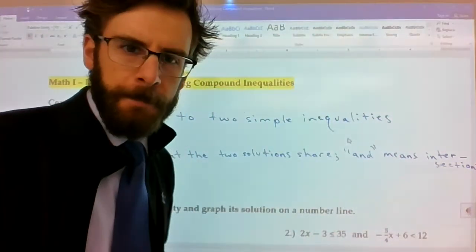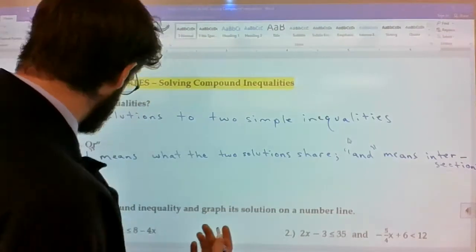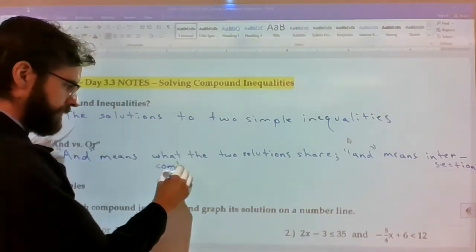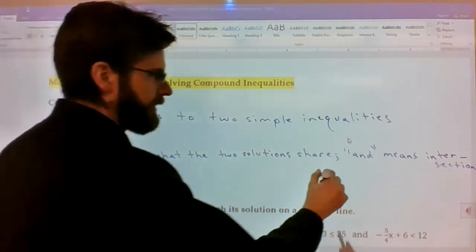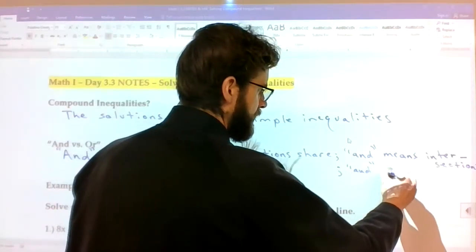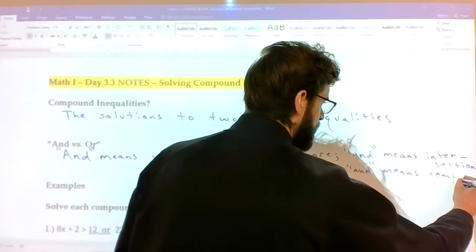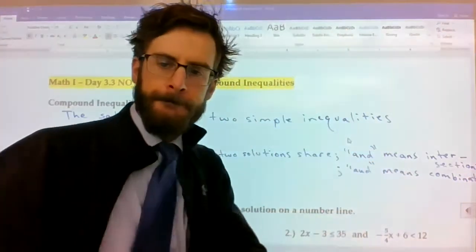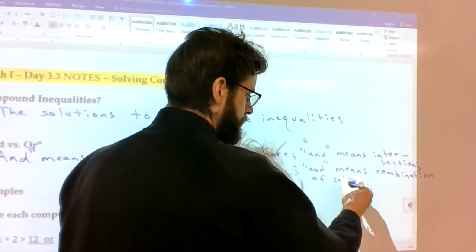Another way I've seen it posed is to say it's a combination of the two solutions. And means combination of solutions.